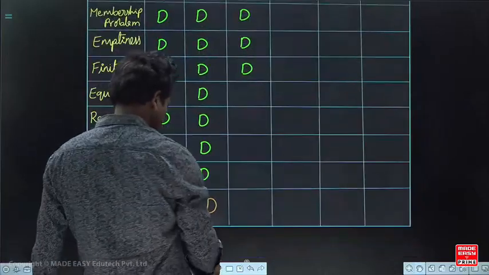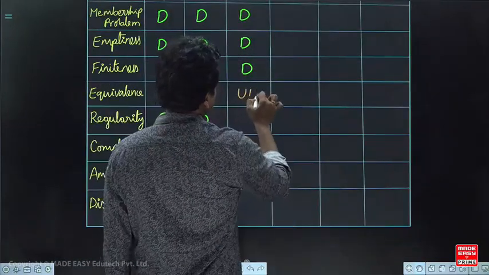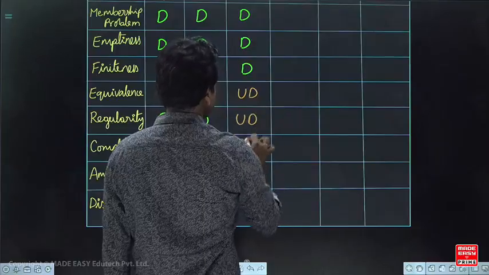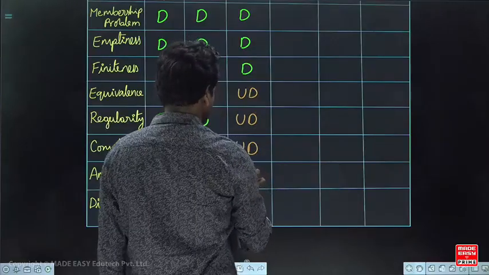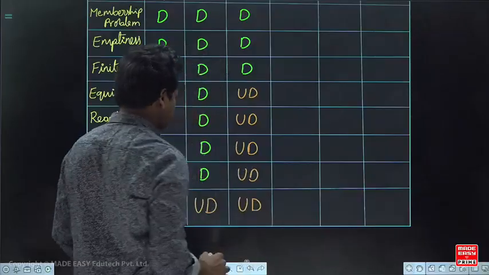Whereas all the other remaining problems are undecidable.